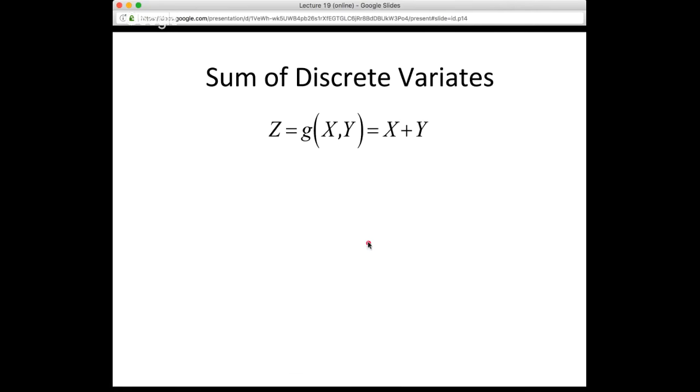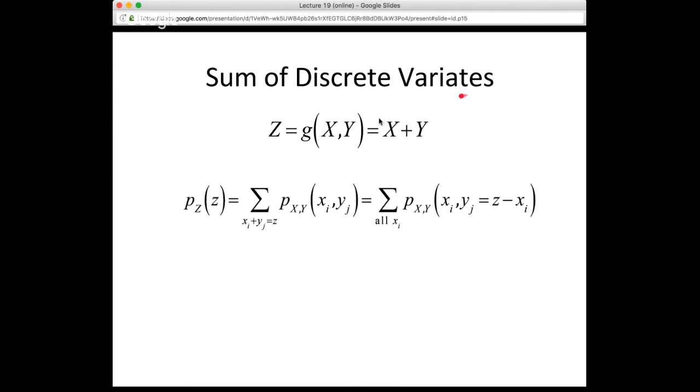So we can do an example, or at least go through one formula, which is quite straightforward. That is the case where the random variable z is just equal to the sum of random variables x and y. And again, remember, this is for the discrete case. So basically, we apply that formula that we obtained on the previous slide.